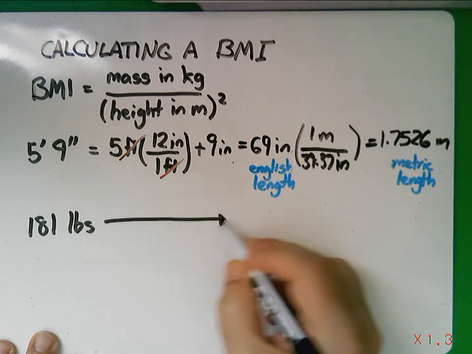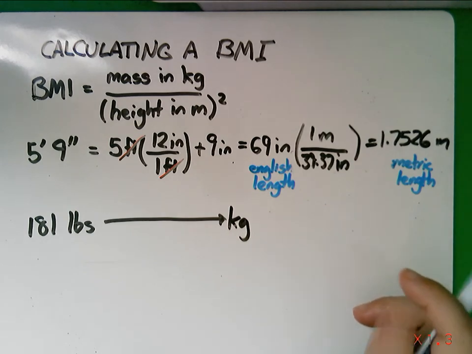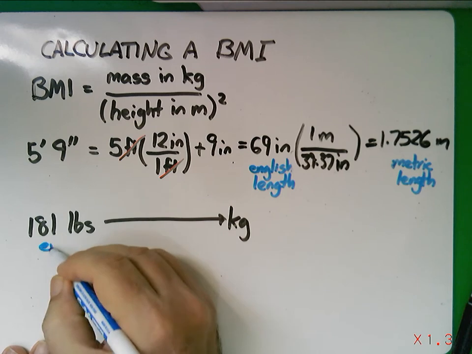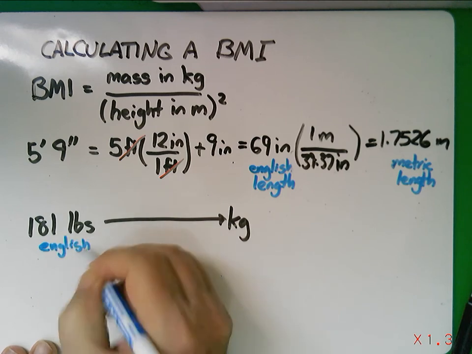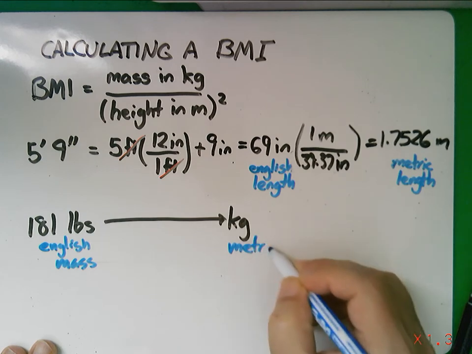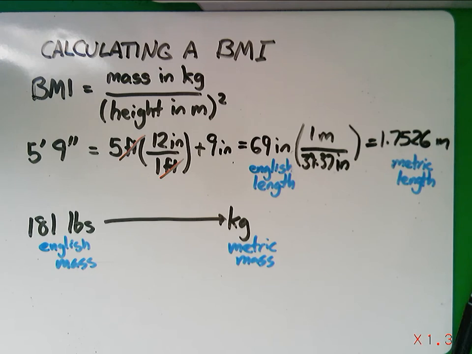So I am trying to convert pounds to kilograms, and if I look at what I've got here, I've got an English mass and a metric mass. So the information that I need that isn't given is an English to metric mass conversion, and I need to go out and look for one.